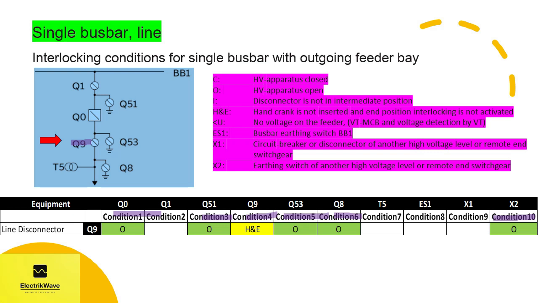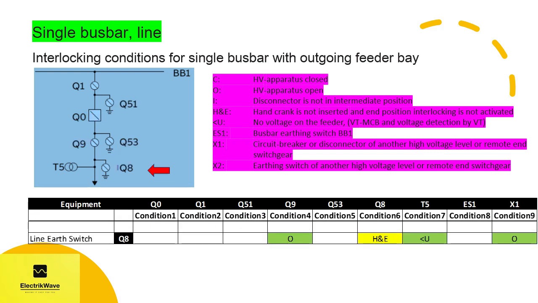That is, circuit breaker is open, the earth switch on both sides of the circuit breaker is open, then line disconnector hand crank is not inserted and position interlocking is not activated. Then line earth switch is also open. Then earthing switch of remote end switchgear is open.